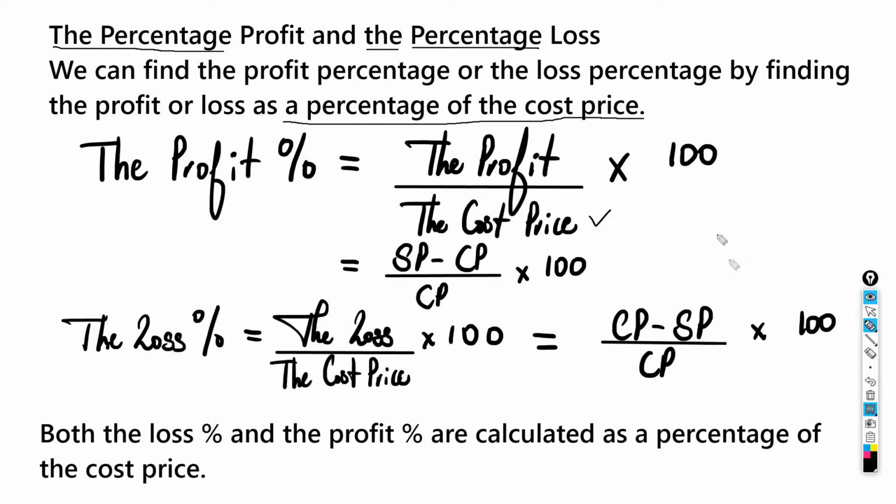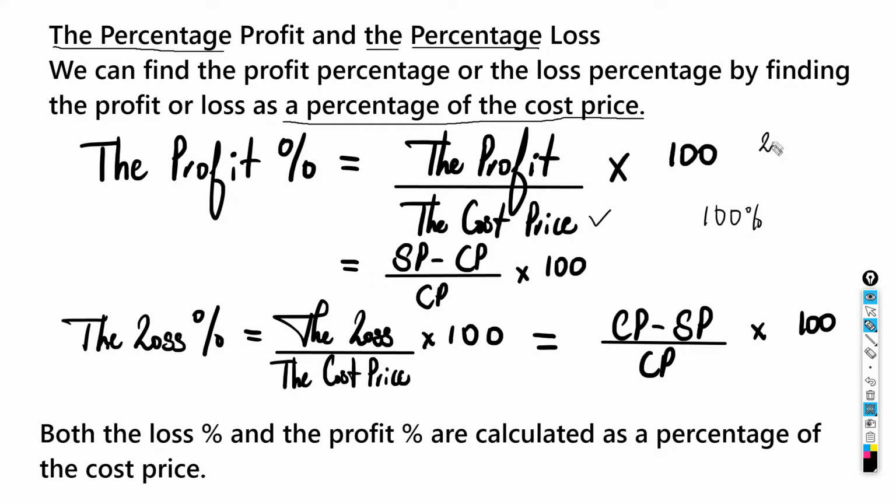So in business, a lot of people always say, I made 100% profit, right? And that usually means that what they sold it for, they made 100% on what they bought it for. Let me give you a good example.